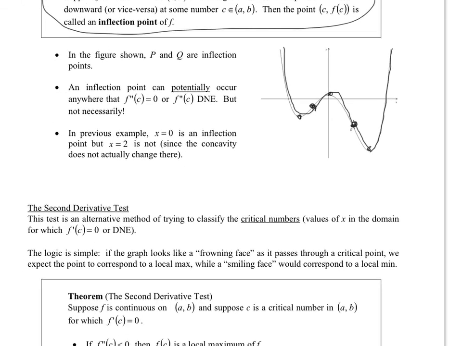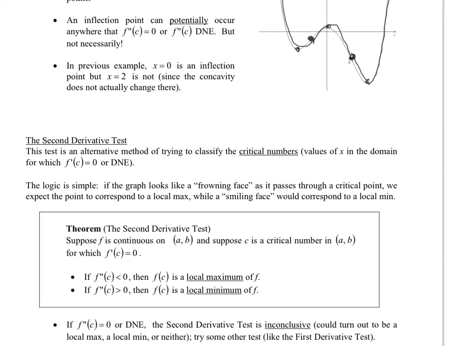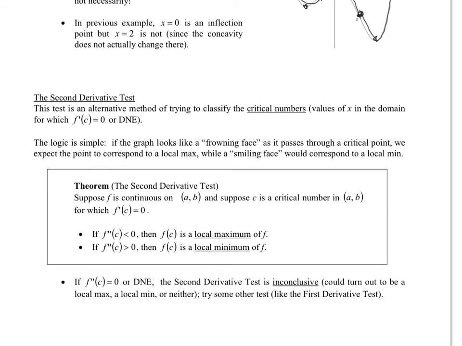Okay, so the next thing we want to talk about here is something called the second derivative test. Now, this is similar in many ways to the first derivative test that we talked about in the previous section.